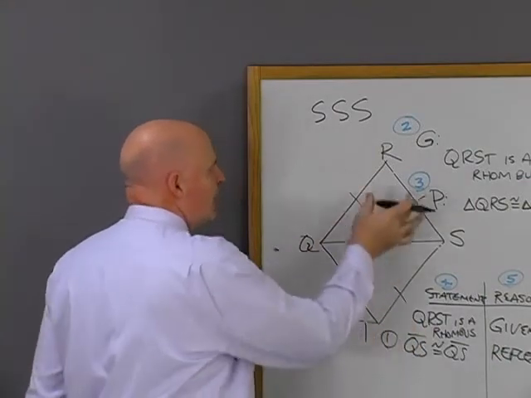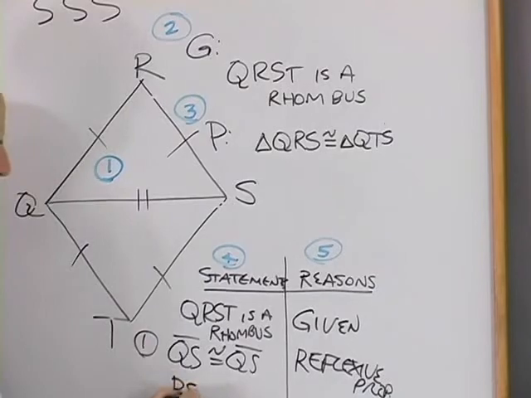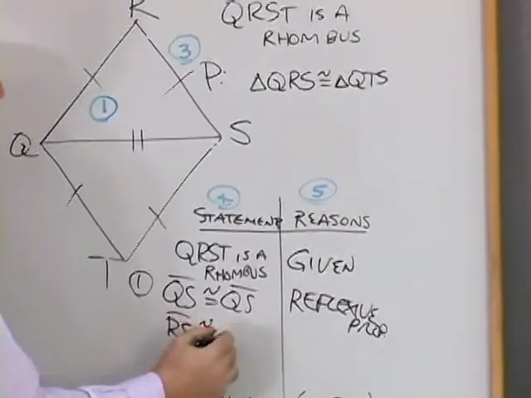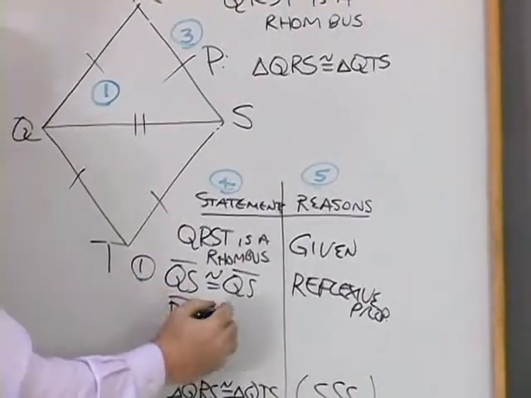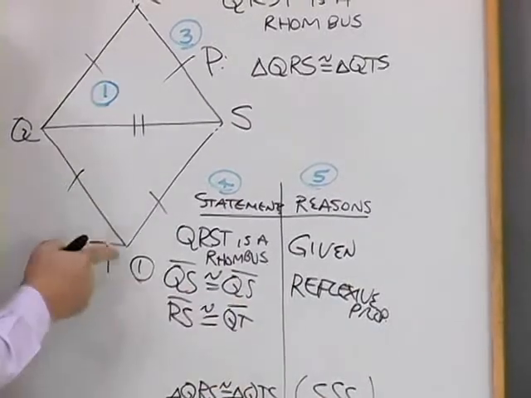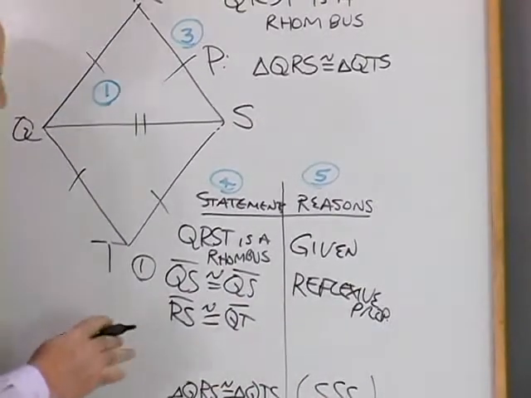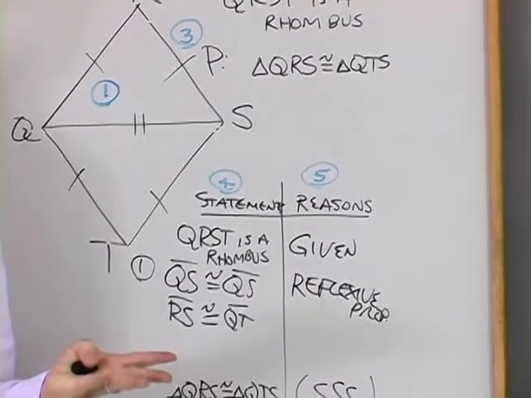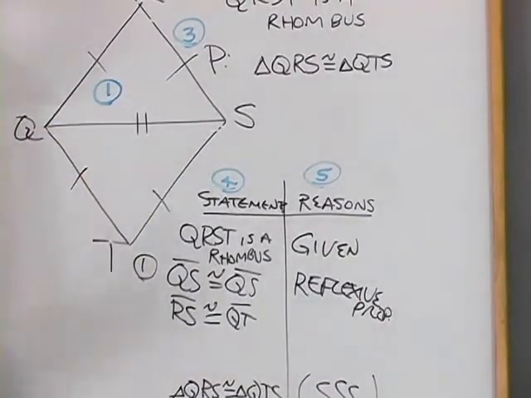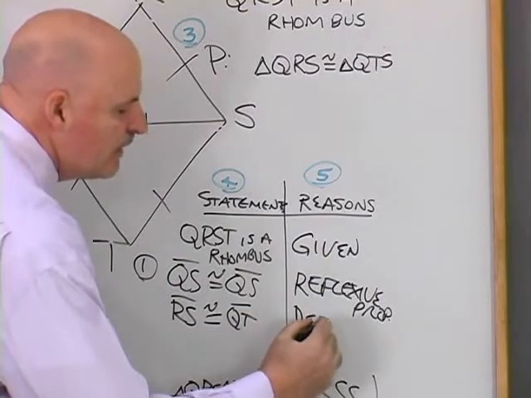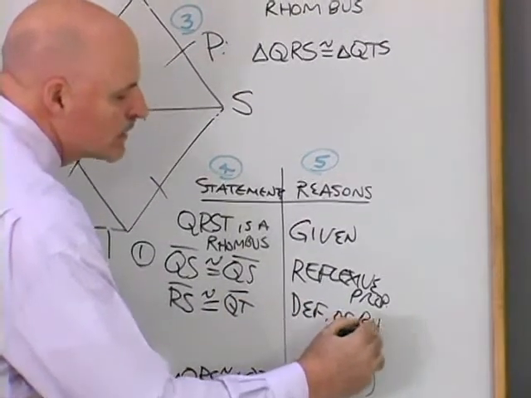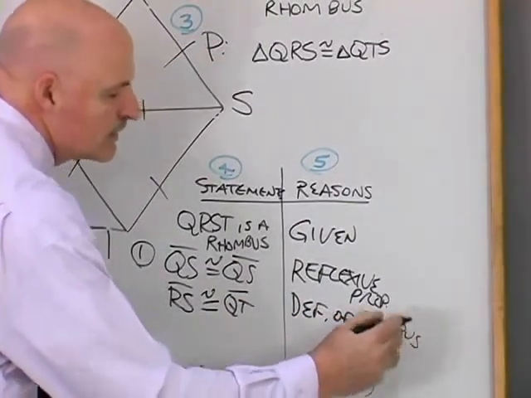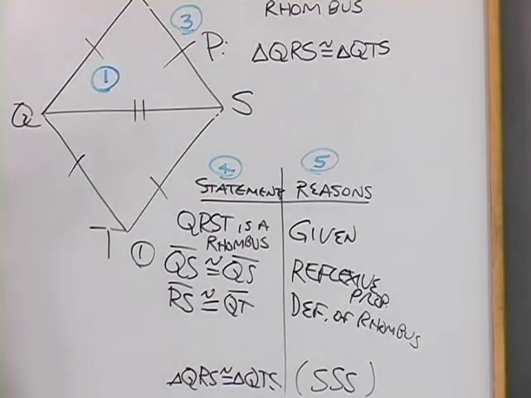But we could say line segment RS is congruent to line segment QT. What's my reason? It's a rhombus. So what you say is definition of a rhombus, that if you have a rhombus, you've got 4 congruent sides. Okay, we've got 2 sides.